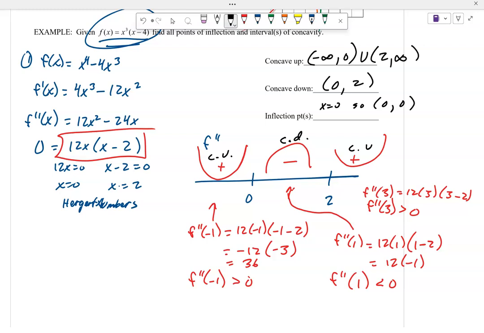And I changed concavity from concave down to concave up at x being 2 as well. So that would be the point 2. Plug it into the original. 2 cubed is 8. 8 times 2 minus 4. 8 times negative 2, negative 16, it looks like. So 2, negative 16. Again, plug those into the original function to find those values for your points of inflection.